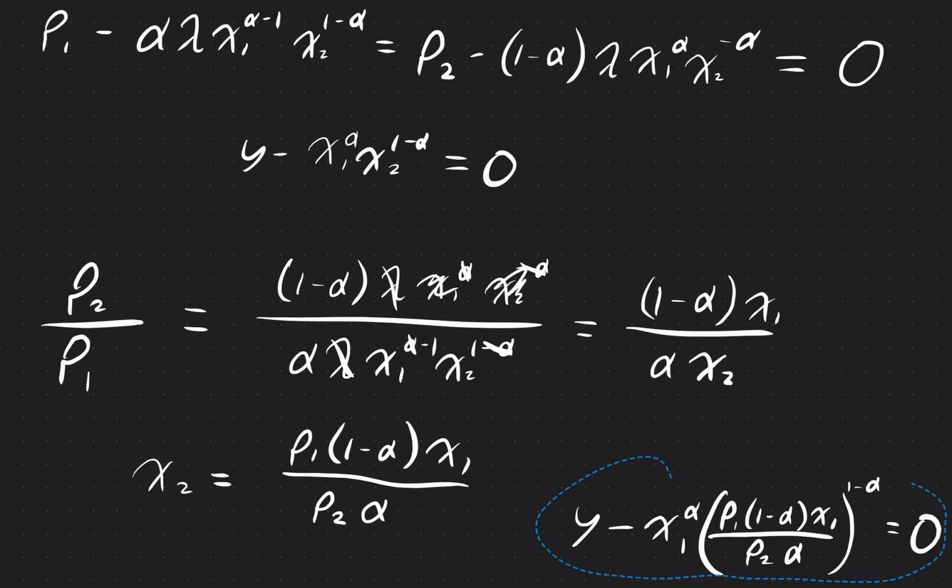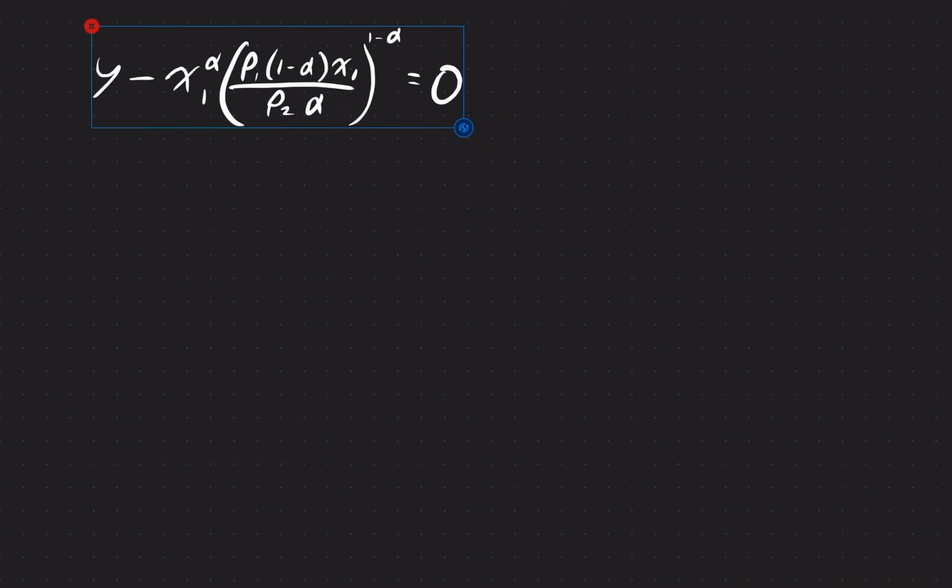And so if we solve this term, we're going to get what x1 star has to be, and then we'll also have what x2 star has to be.